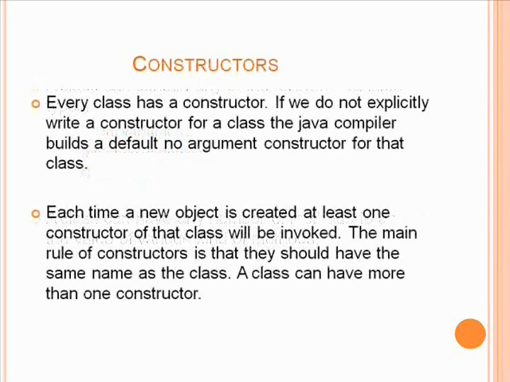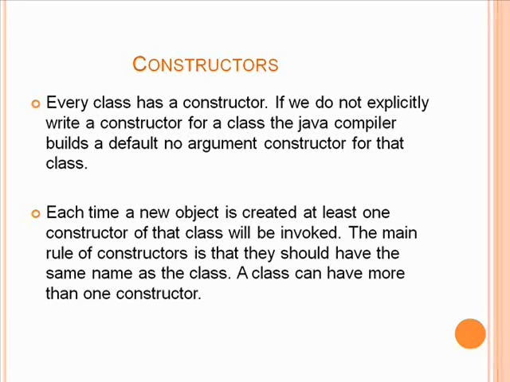Now let's look at some important topics that need to be discussed when looking into classes of Java language. When discussing classes, one of the most important subtopics would be constructors. Every class has a constructor.